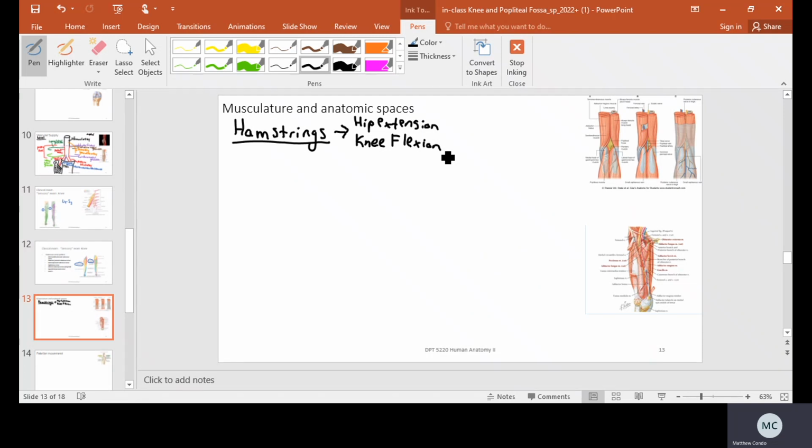So even though the hamstrings do hip extension and knee flexion, I'm descending and gravity's going with me. How do I slow that down? My quadriceps, because they extend my knee, but they also slow knee flexion.